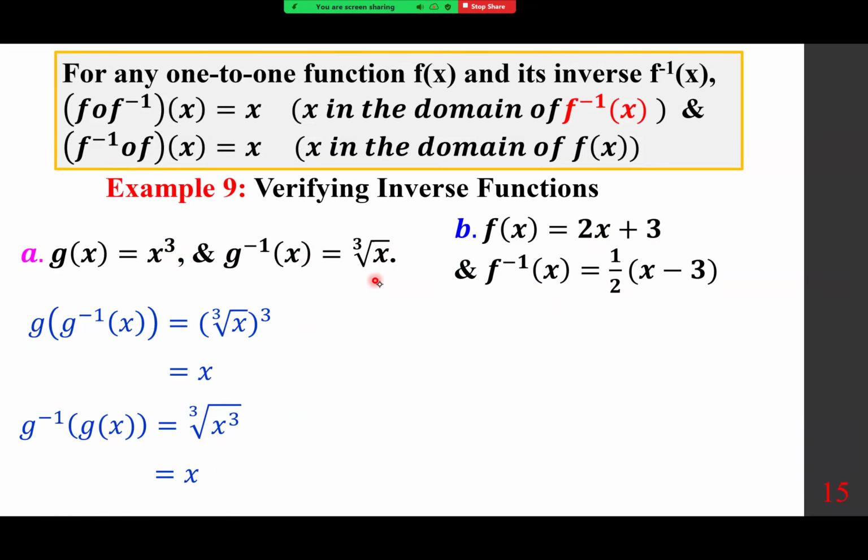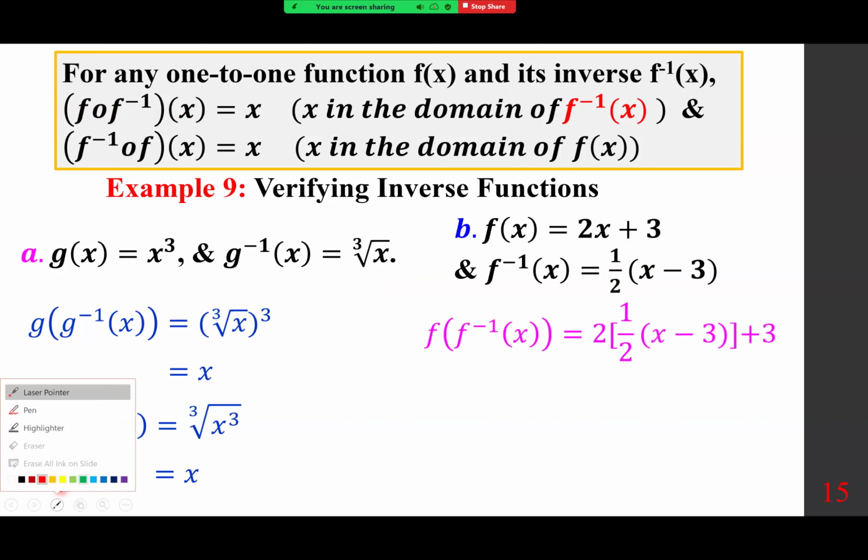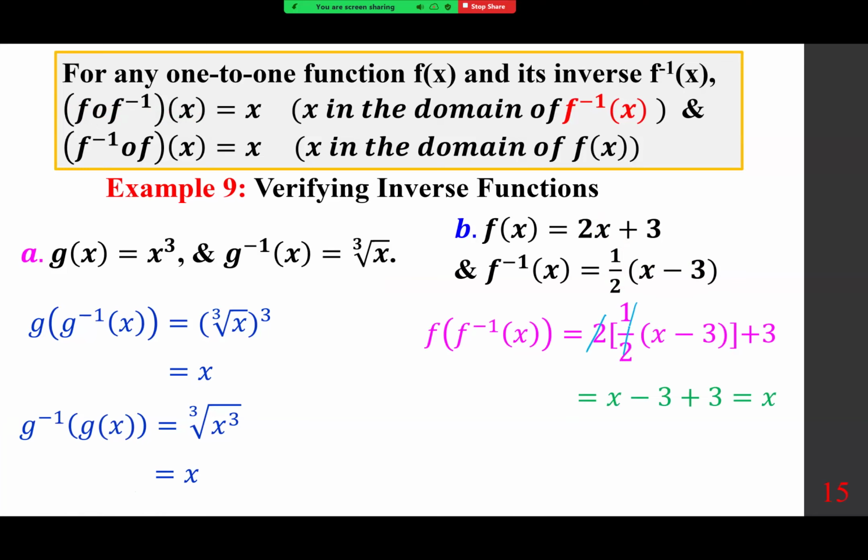So if we look at f of f inverse, that means replace this x with this expression, half of x minus 3. When you do that, clearly the 2 and the 1/2 cancel each other. We get x minus 3 plus 3, which is x. So that proves it.